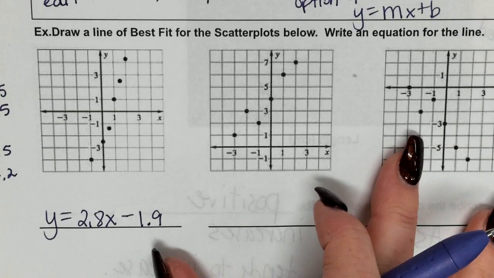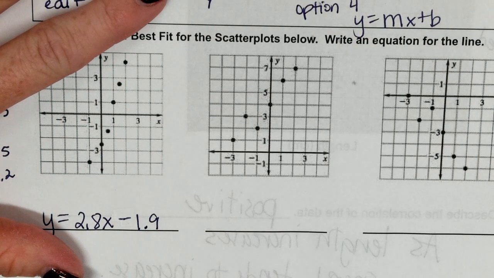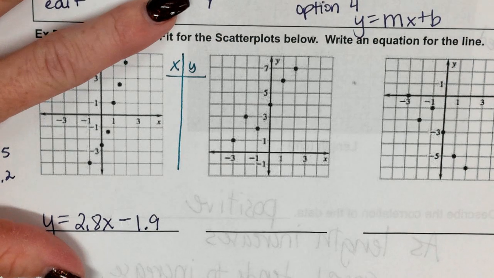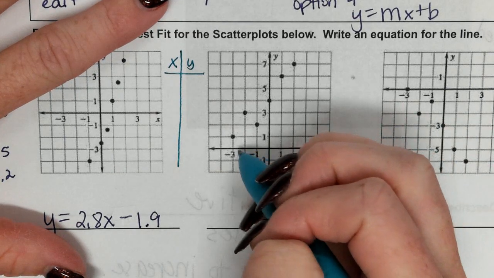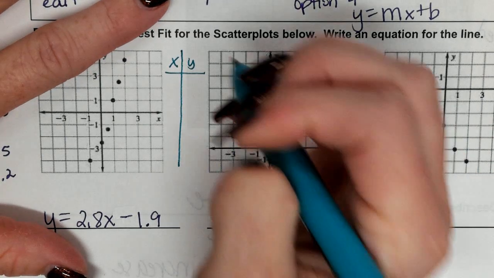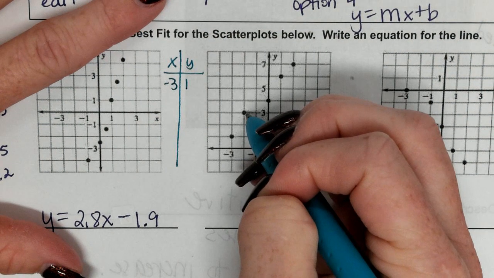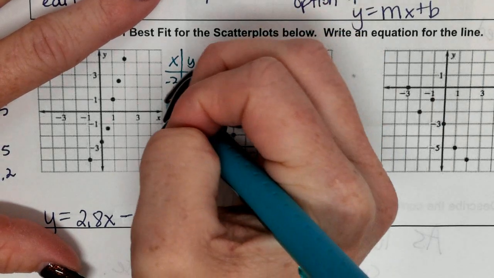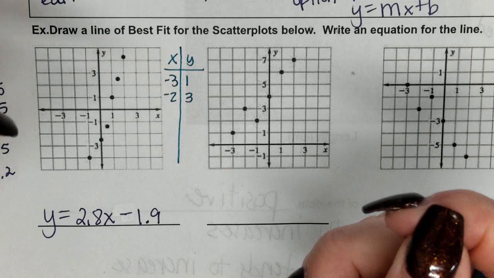All right, let's do this one. Make a table. Okay, what's my first x value right here? -3. The y value is 1. Okay, I'm going to go to this one. I am now at -2, 3. It doesn't matter what order you put it in.